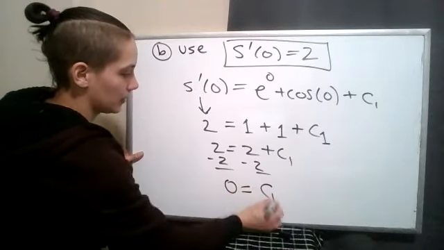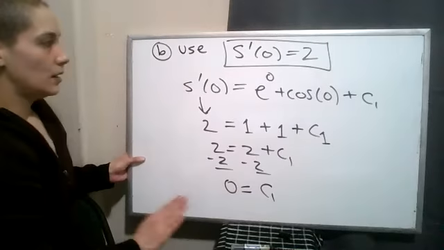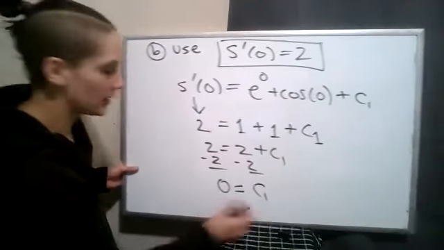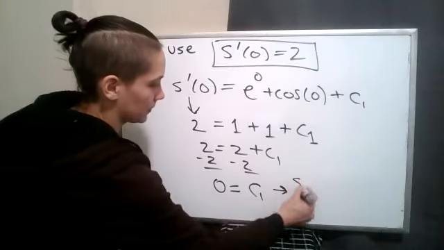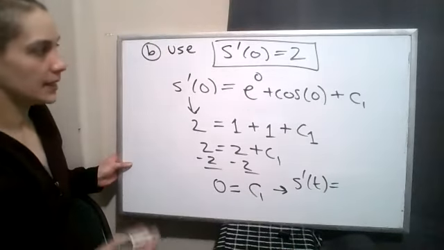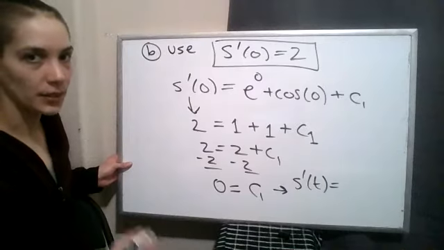Zero. So our function s prime of t is e to the t plus cosine of t plus 0.